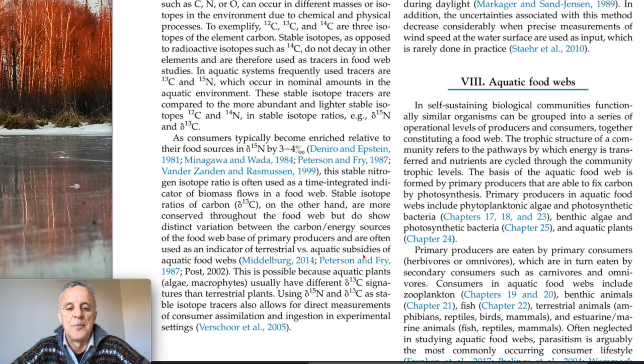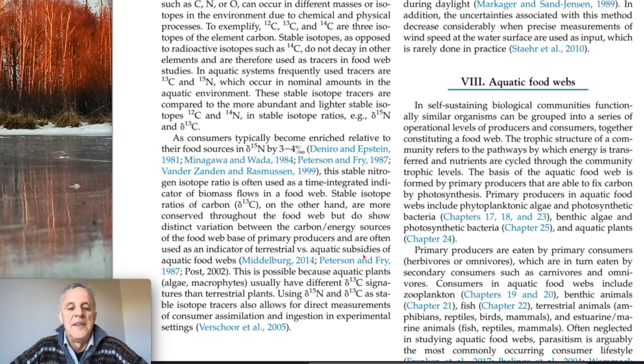In aquatic systems, frequently used tracers are carbon-13 and nitrogen-15, which occur in minor amounts in the aquatic environment. These stable isotope tracers are compared to the more abundant and lighter stable isotopes carbon-12 and nitrogen-14 in stable ratios.